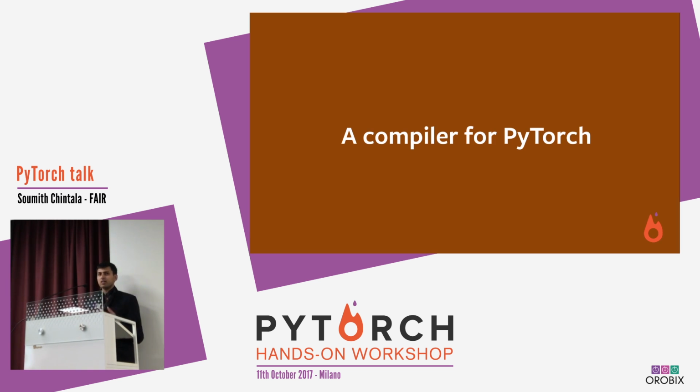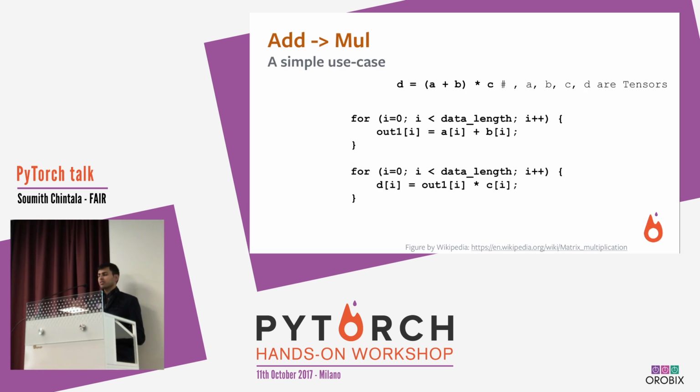So typically, why do we need something like a just-in-time compiler? Let's say you write a small statement in PyTorch or in NumPy, like d equals a plus b times c.